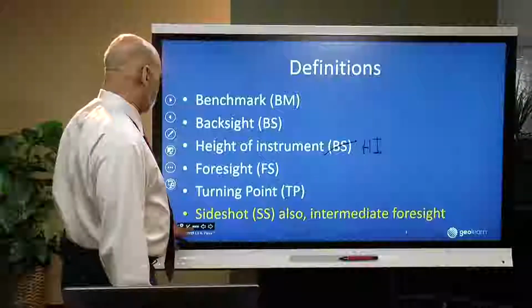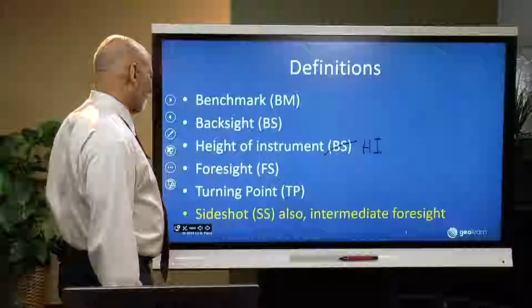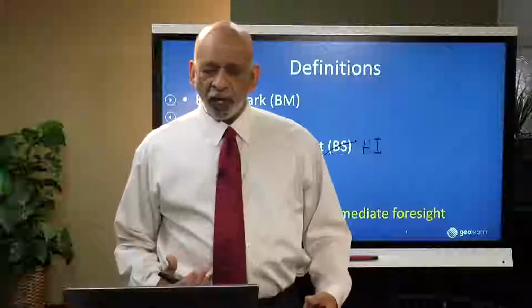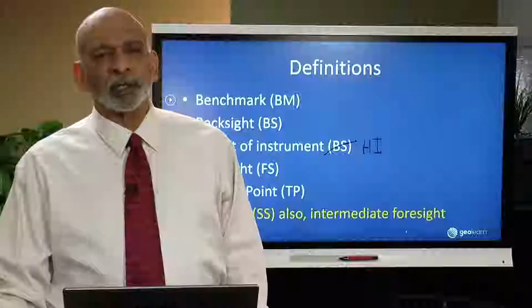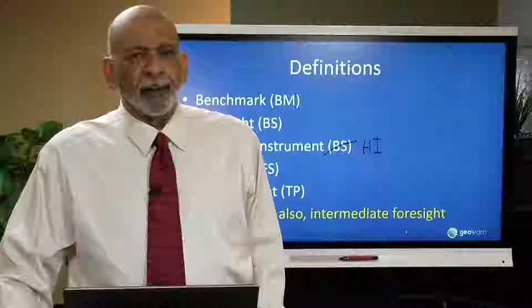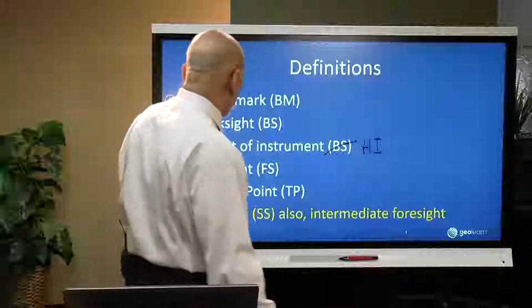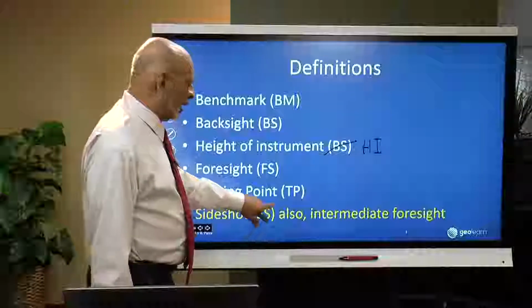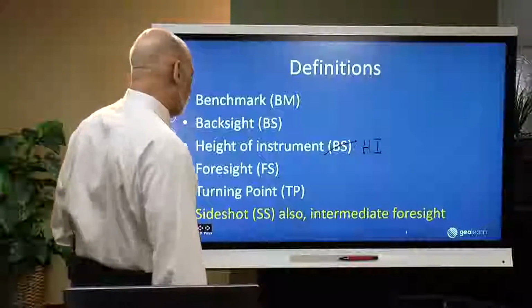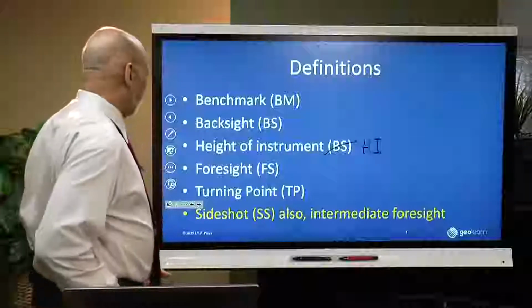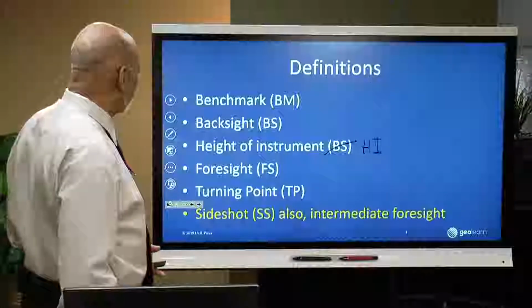Turning point is abbreviated TP. Now we'll eventually get to this. There's also something called a side shot, sometimes referred to as an intermediate foresight. And I'll explain that as we get to it. But for right now, just be aware that this term SS is sometimes also used in leveling. So these are the abbreviations. I've kind of defined them.